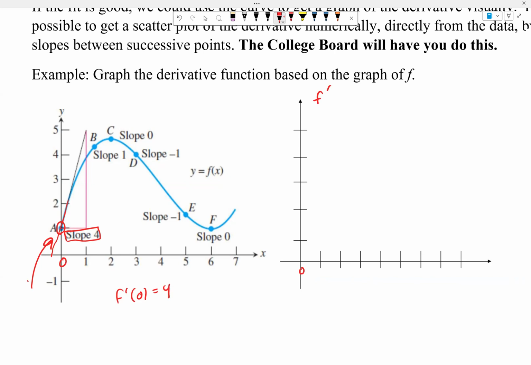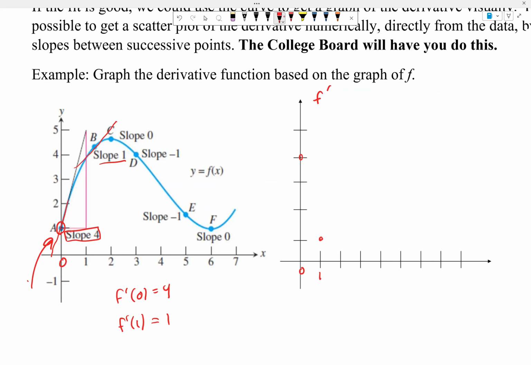Well, I can graph that out too. 1, 2, 3, 4. There we go. I've got 1 point on my derivative graph. What about at 1? Well, it says that at 1, the tangent line slope is 1. So maybe at 1, I can make it a second point.